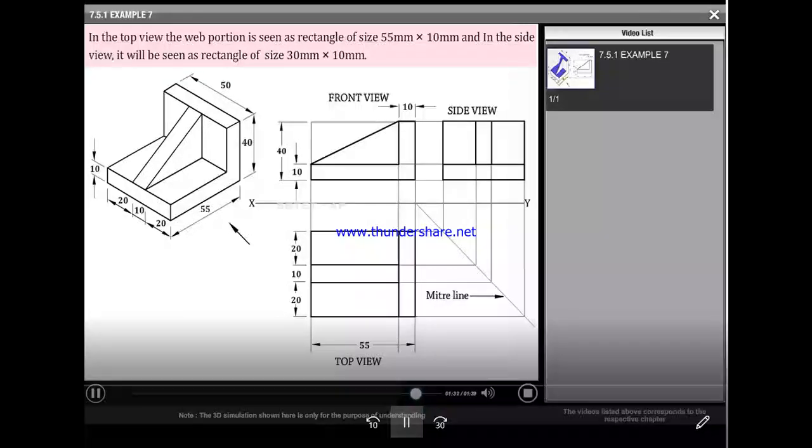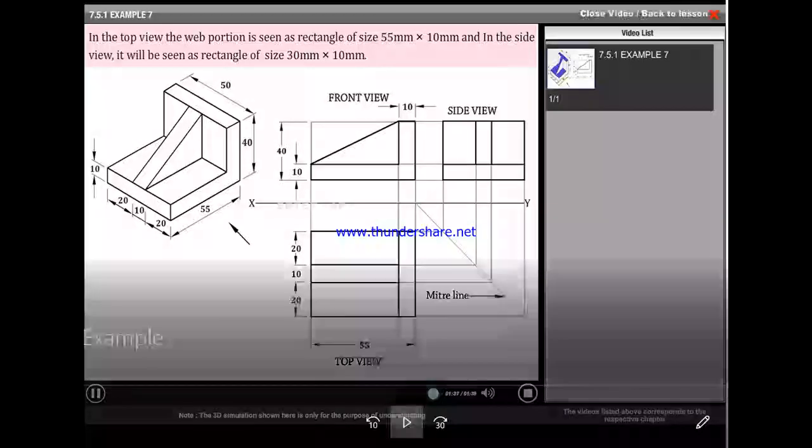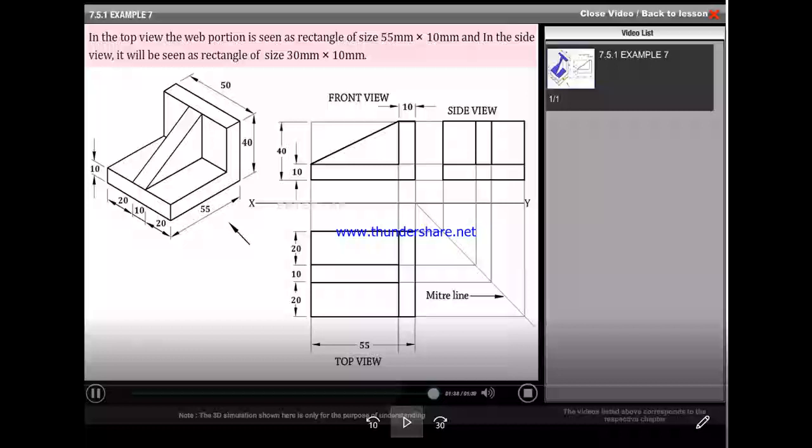Show all the dimensions appropriately in the views. This is the final orthographic view.